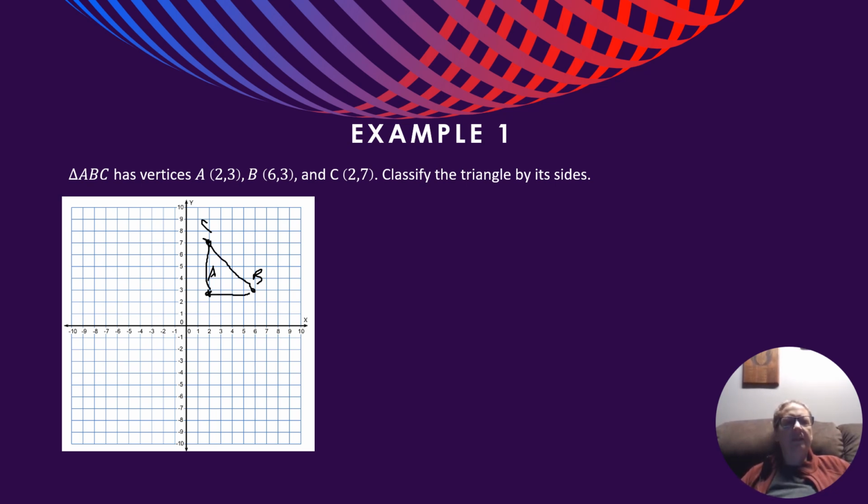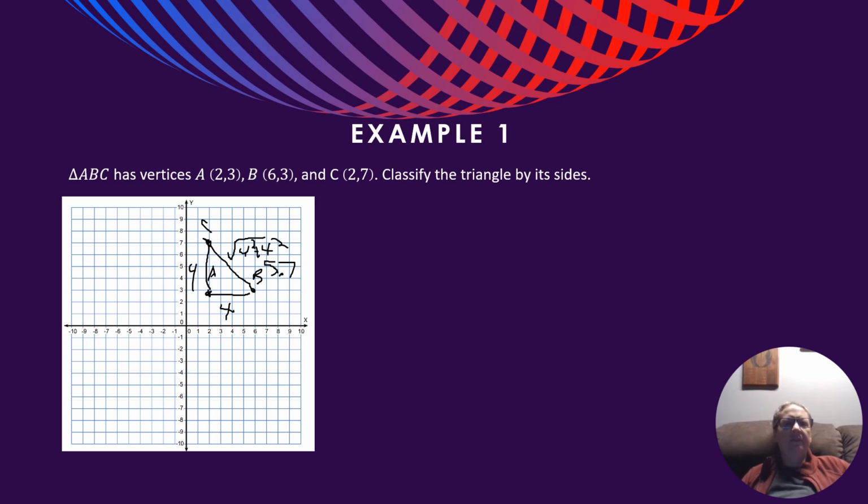So we can find the distance between A and C, which is between 3 and 7, which is 4. The distance between A and B is the distance between 2 and 6, which is also 4. And so the third side will be the square root of 4 squared plus 4 squared, which is 16 plus 16, and the square root of 32 is about 5.7.